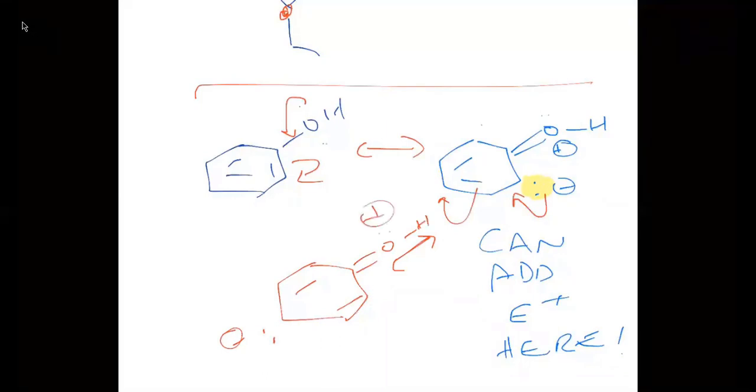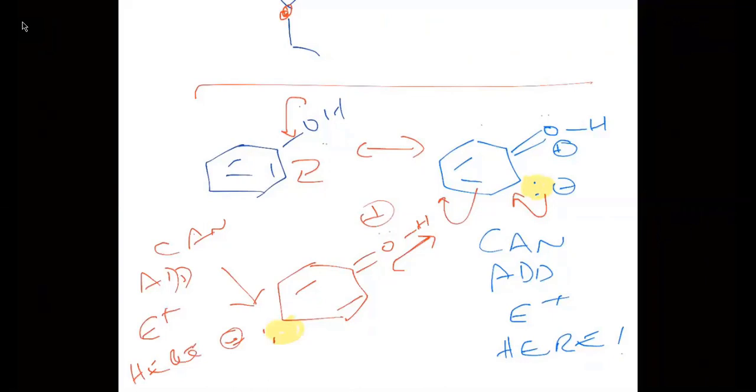Is that right? I'm going to put the charge where you can actually see it. So what does that mean for the para position right here? You see how it's got a pair of electrons on it. So you can also add an electrophile there too.